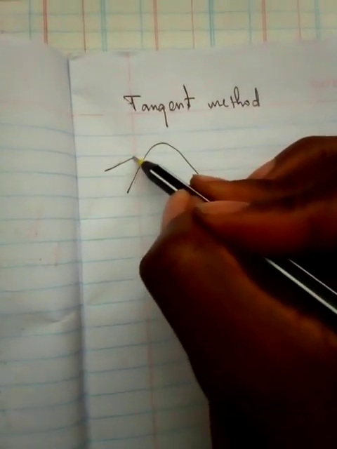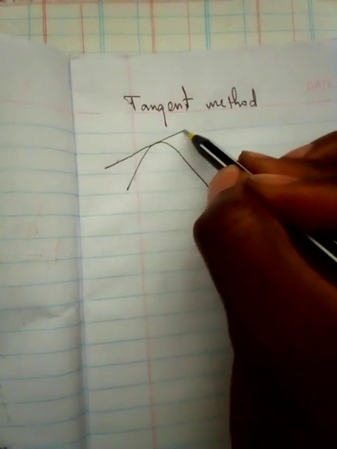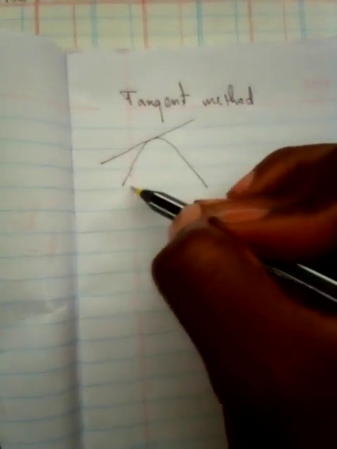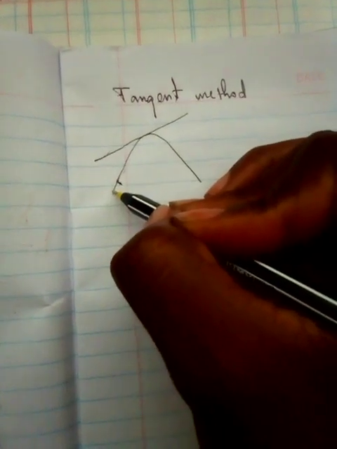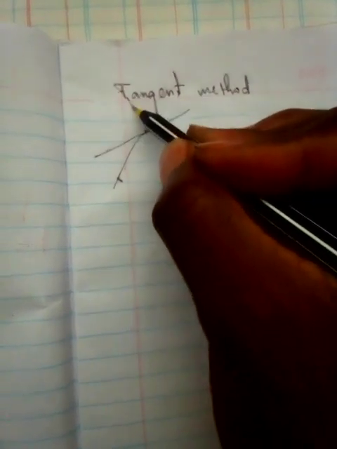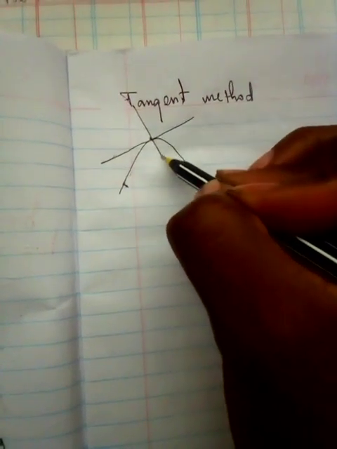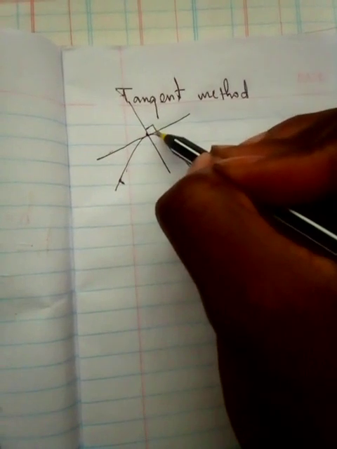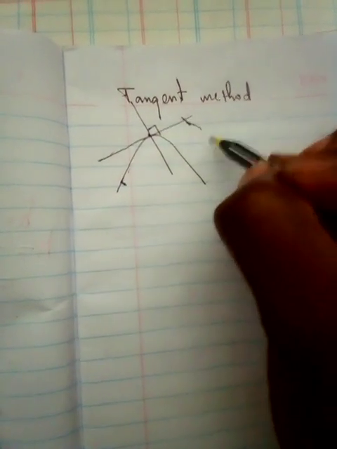The tangent is a line that is just going to meet the curve at one point only, a curve or a circle at one point only. The line that you draw perpendicular to the tangent is what we refer to as the normal. So this line here is your tangent.